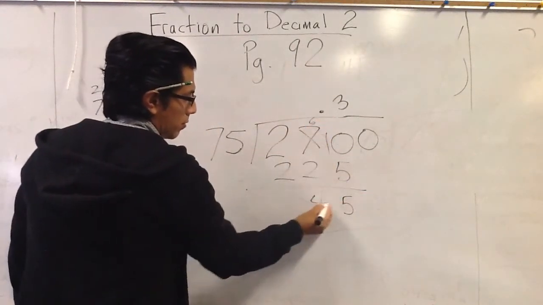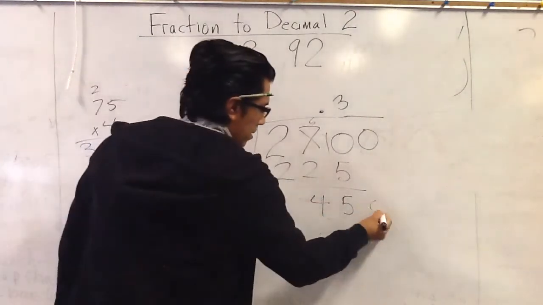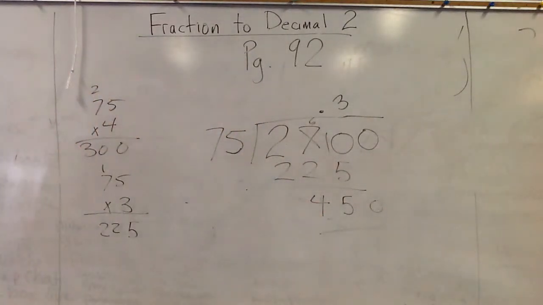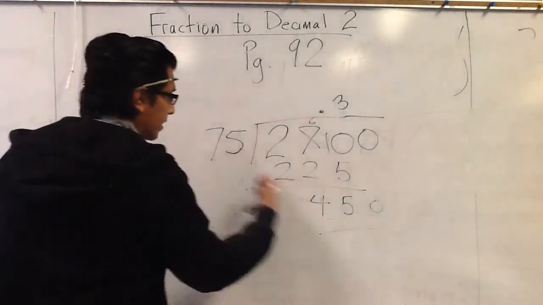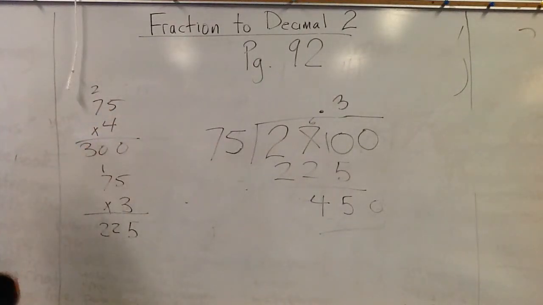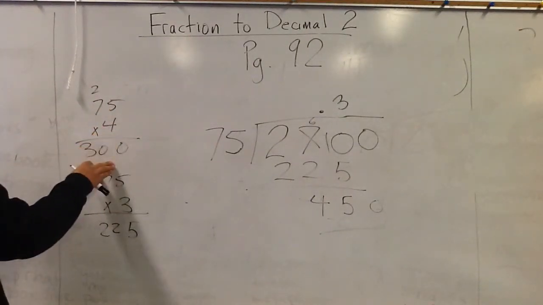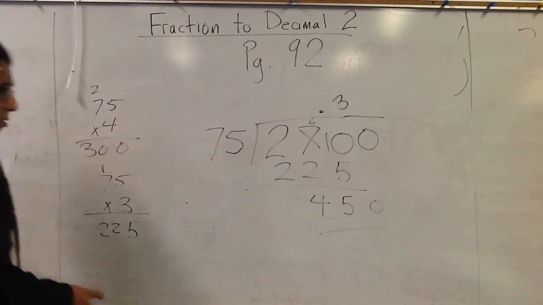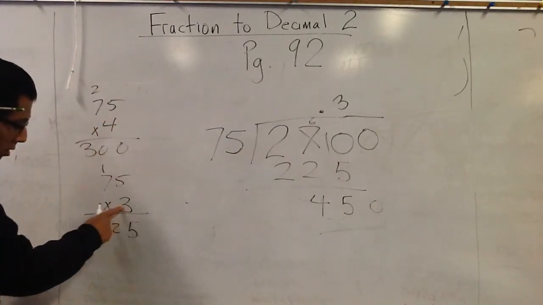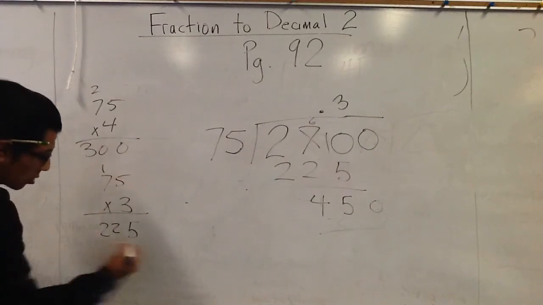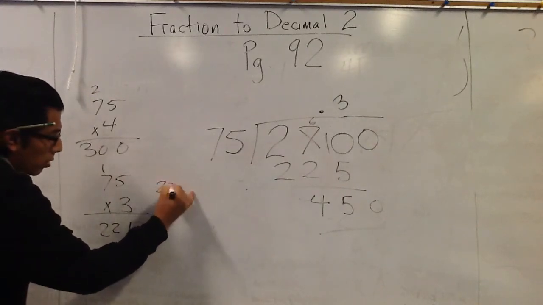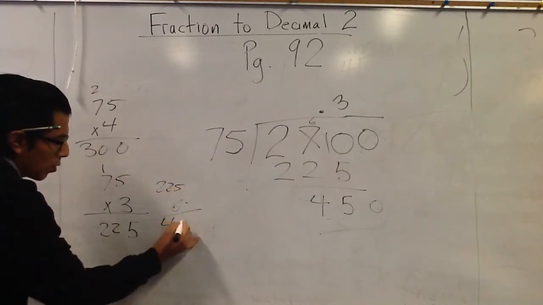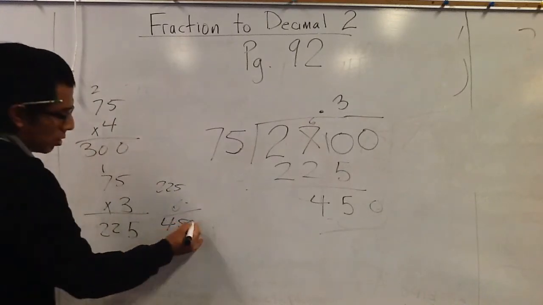That's a 6, 4. Bring down my 0. All right. Can 450 be divided by 75? Yes. We know that 4 is not going to be big enough. 5. I'm going to try 6. In fact, 6 is going to be double 3. So it looks like it's going to work. And yes, that's 450. I need to be neater.